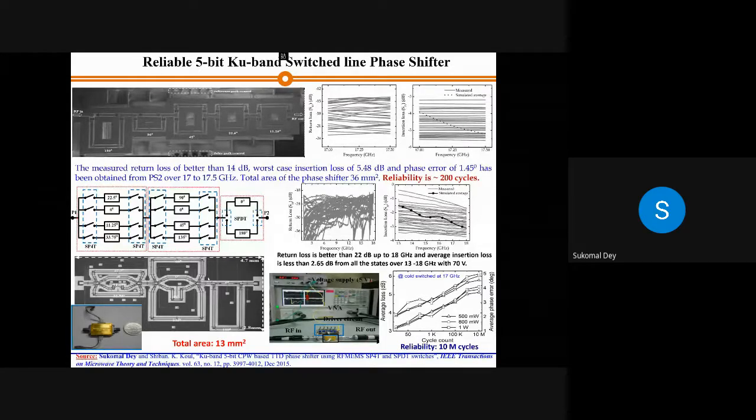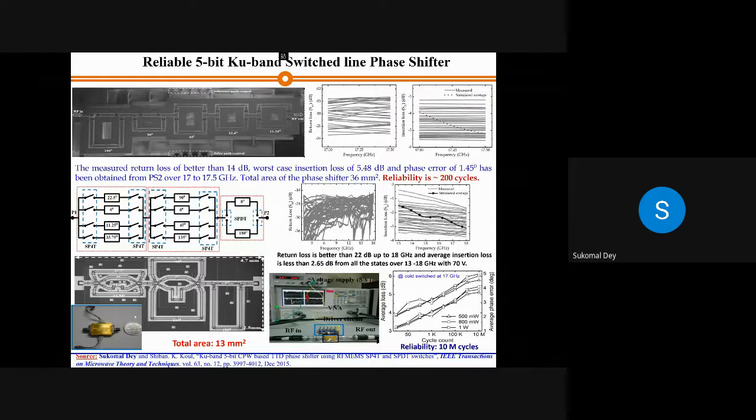After that, we tested the devices, and obviously, for the S parameters, we have to improve the reliability without compromising the microwave performance or the S parameter performance. You can see the return loss is greater than 22 dB and the insertion loss is 2.65 dB. Whenever I say insertion loss, I mean average insertion loss, because you have to see the insertion loss from 32 phase states, then average it out and give a number for the loss.